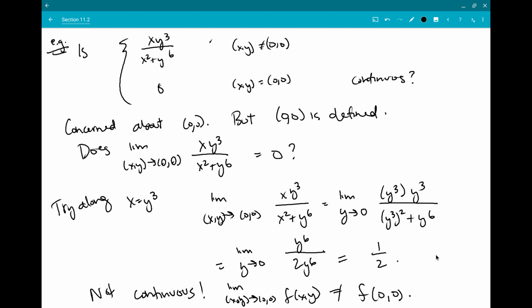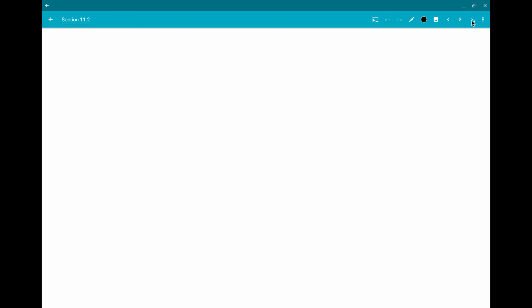We can also use these rules to check when something should be continuous. So here's one I saw in your book that I liked.